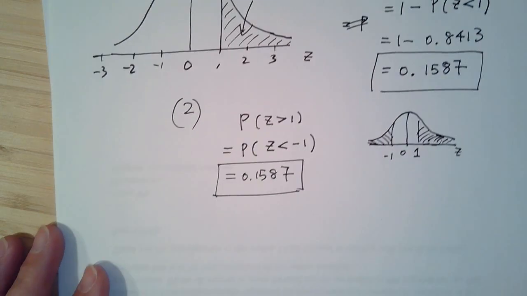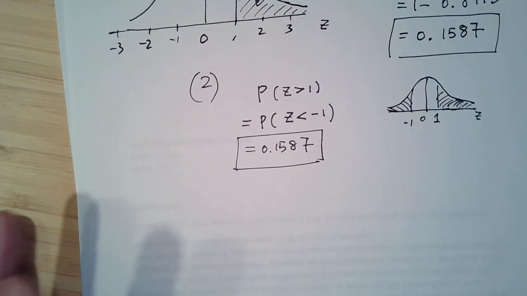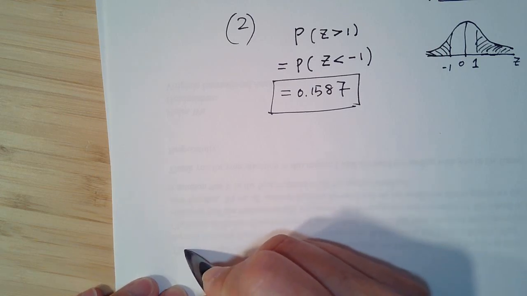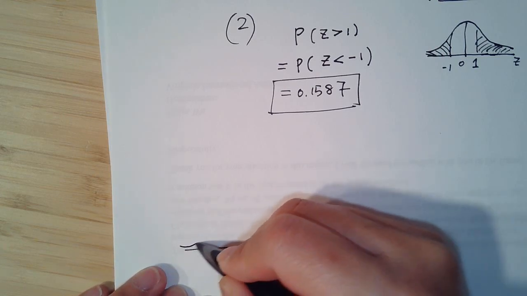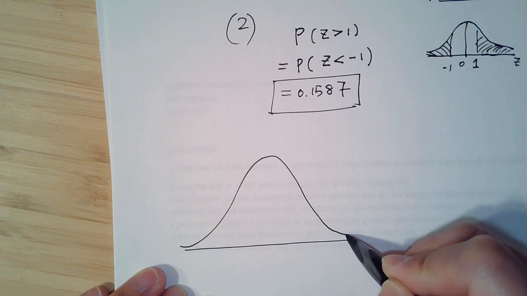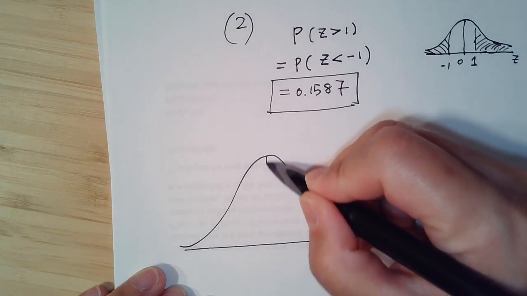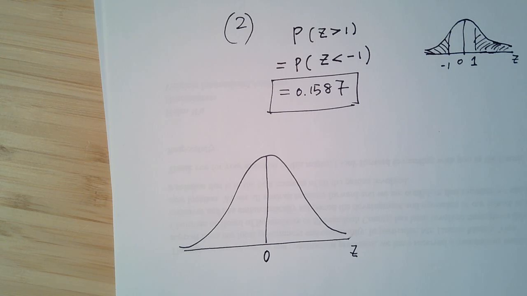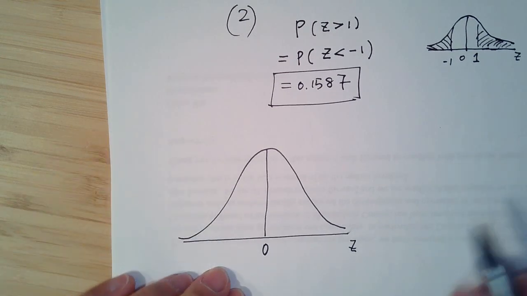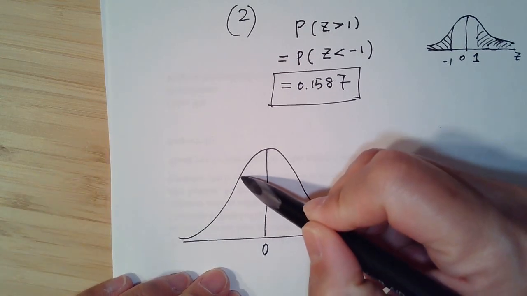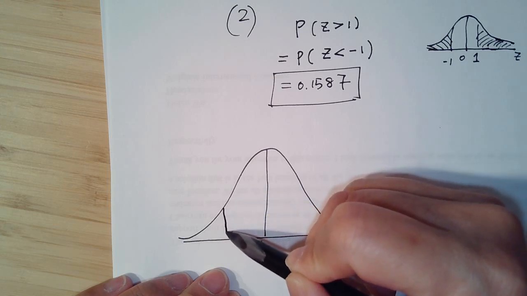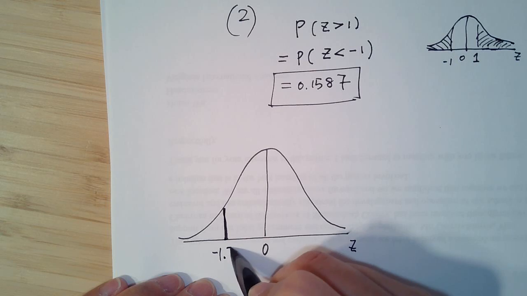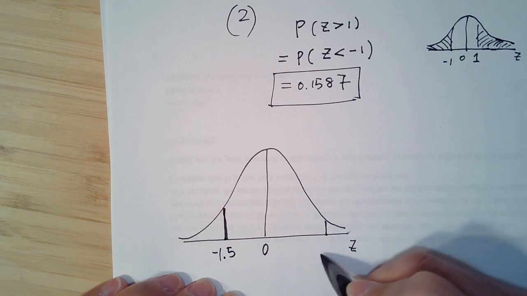All right. Okay, so we know how to find the area. If I give you a number, try to find the area to the left or to the right. What about this one? What if I ask you to find the probability that z is from negative 1.5 to positive 2.5?